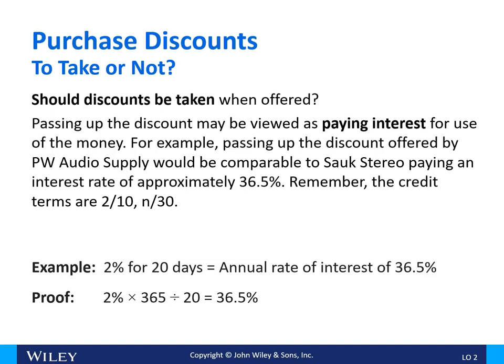The discount, 2%, is not an interest rate. It's just the discount rate. To get the interest rate, you have to use this formula: the discount times 365 divided by the number of days between the discount and the net. In this case 20, but if it was 2/10, net 30 versus 2/15, net 30, it would only be 15 days, so it would get a different amount. And that's how you get the interest rate.